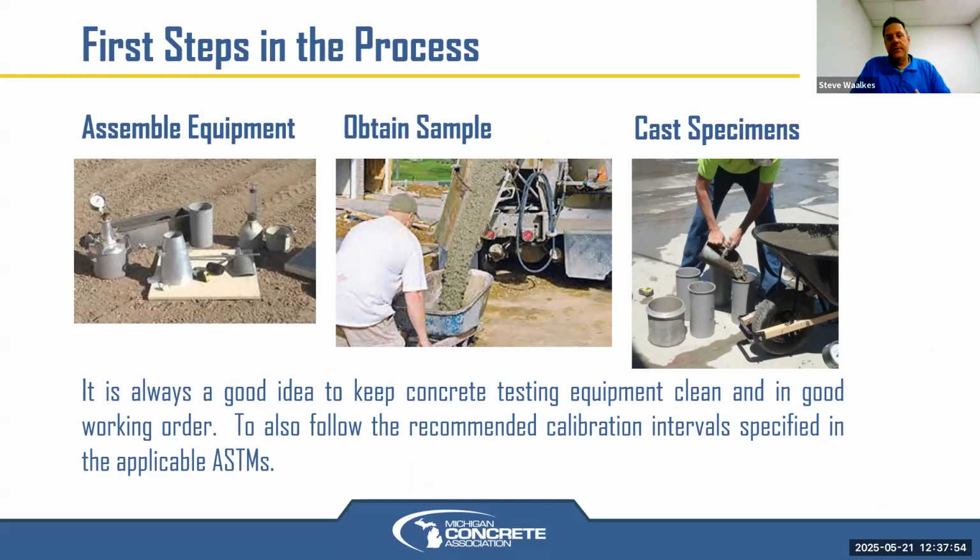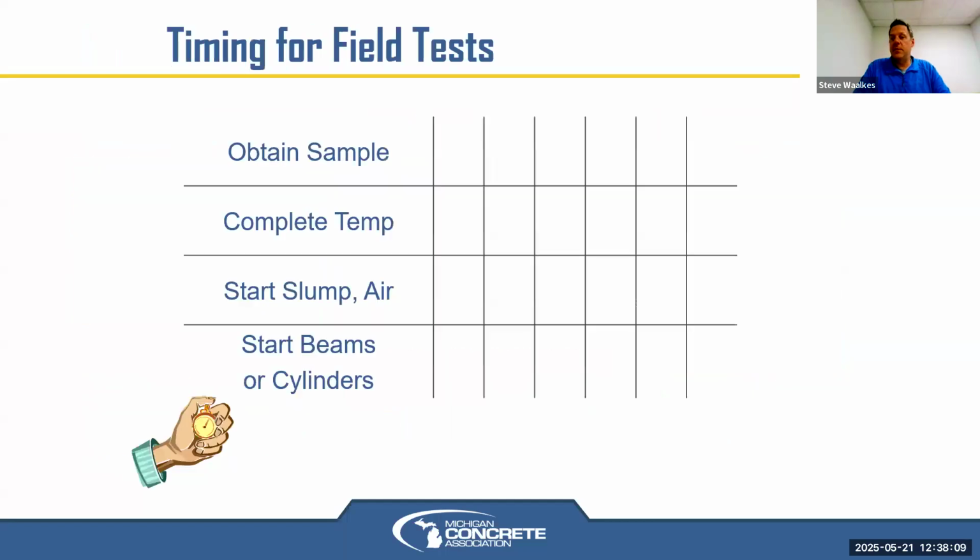So yeah, typically field testing technicians will go out and prep their equipment, get their sample from the required truck or the desired truck, and then do all these different tests. In this one, we're going to talk about the strength test specimens. And I've seen research that's been done on the variability that can be introduced by the various different things.